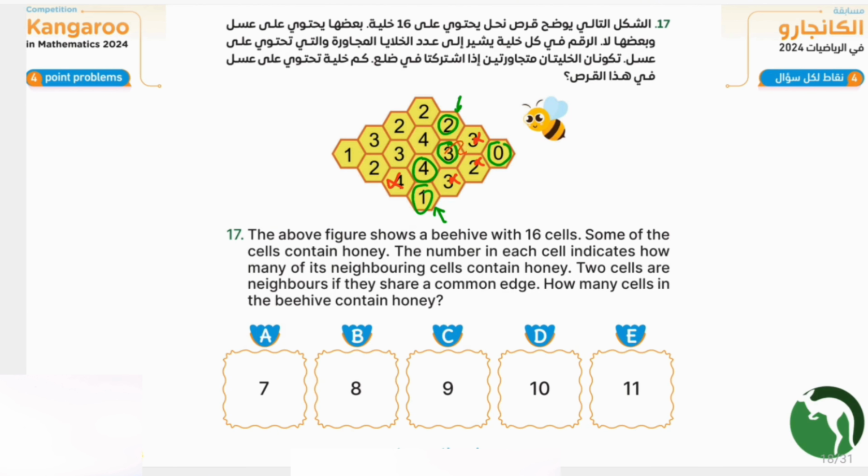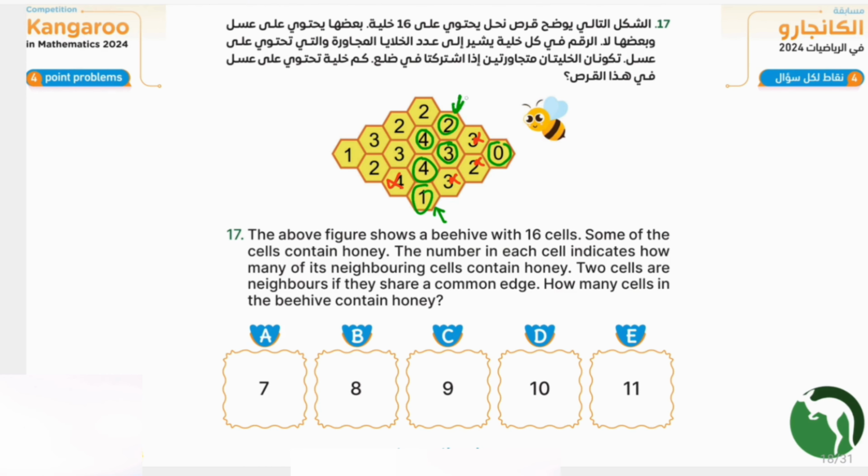Okay, now if we look at this cell, it should have 3 of its neighbors containing honey, so this 4 should contain honey, and we will put here a circle. Now this 4 also needs 4, and now it has just 3. So let's look at this one here.